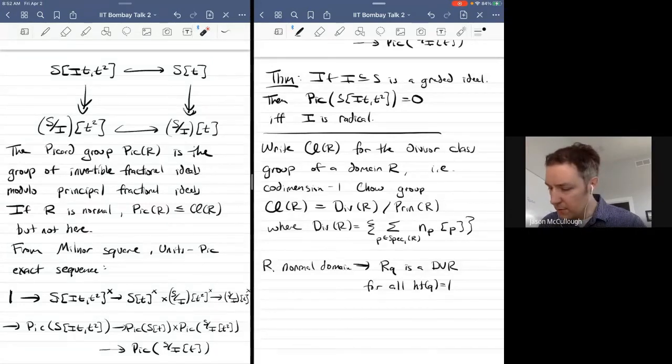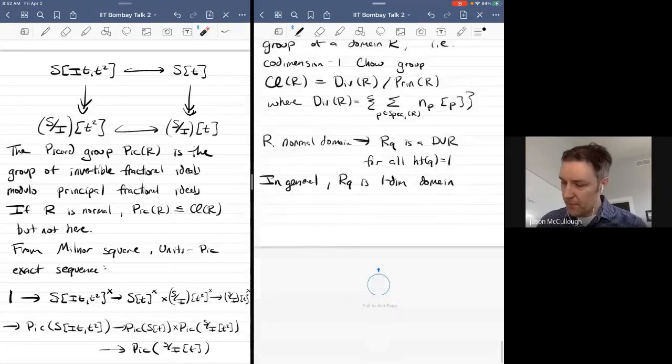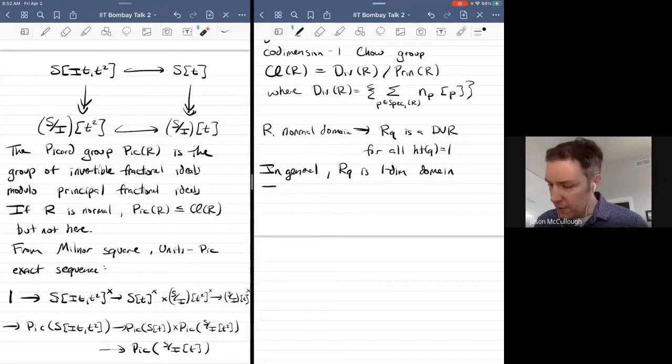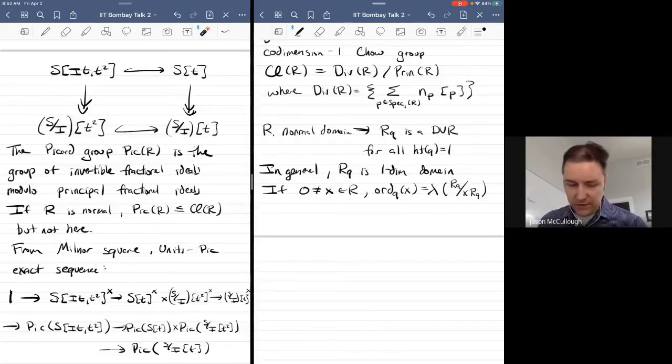But in general, R localized at Q is a one-dimensional domain. So what you have to do is say, what if I take a non-zero element x in R, you define the order at Q of x to be the length of R_Q mod x R_Q, which, since R_Q is a one-dimensional domain, is then finite.